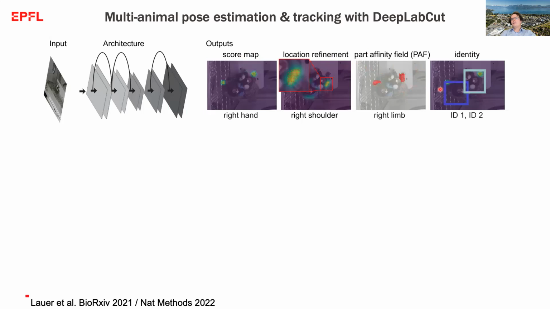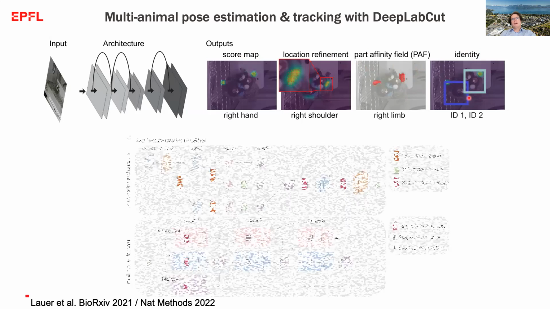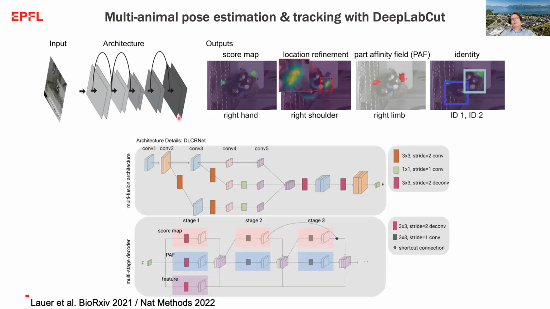And then thirdly, a part on identity prediction, which I will discuss in later slides in more detail. We also changed the architecture in contrast to a standard ResNet, in particular inspired by an architecture called high resolution net, which was state-of-the-art on COCO, one of the major benchmarks for human pose estimation.